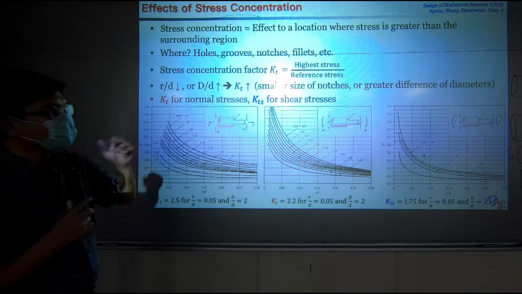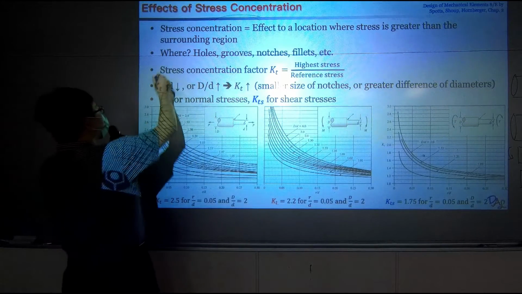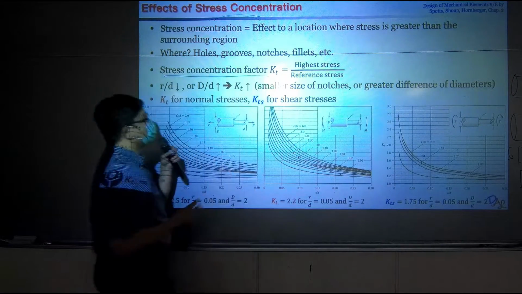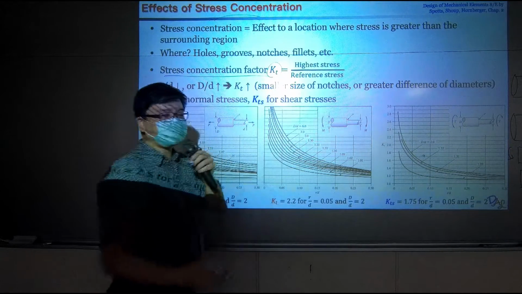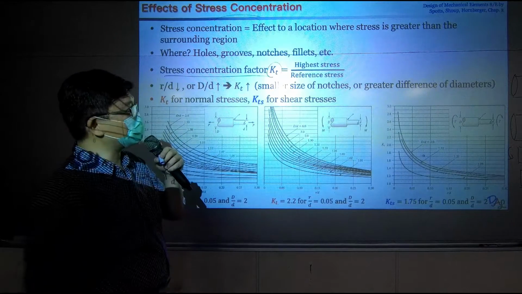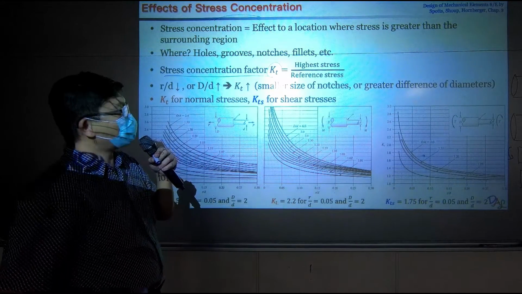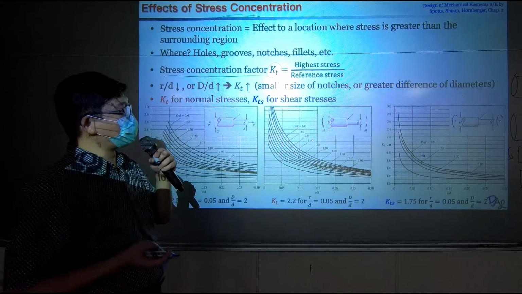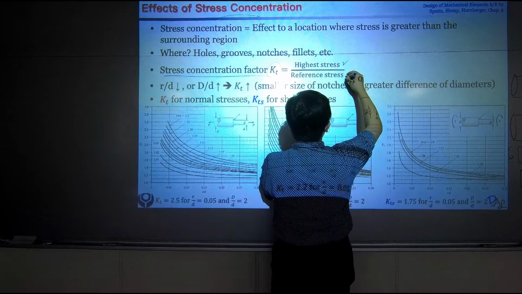Before we move on to the table, we need to understand the definition. There is something called the stress concentration factor, K. We will be having several different Ks, but in general we use K. So what would be the easiest way to understand K? K basically is the highest stress over the reference stress.